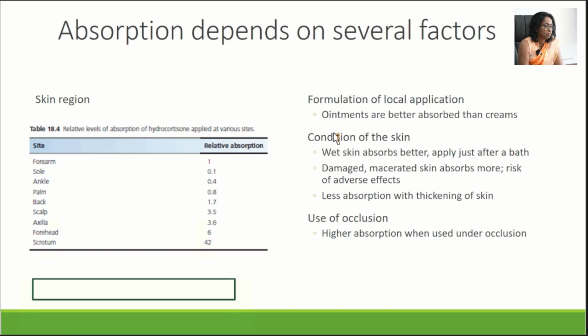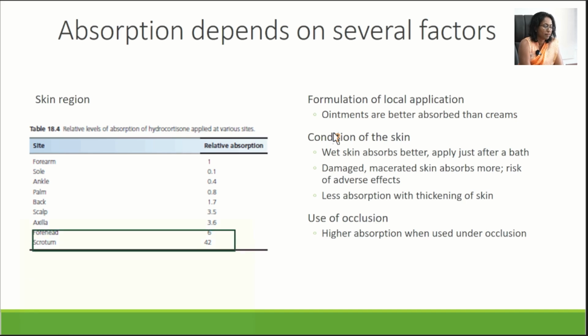If you take the forearm as 1, the denominator, then in the forehead and the scrotum the absorption is extremely high. The scrotum absorbs about 40 times whatever you apply, compared to the forearm.